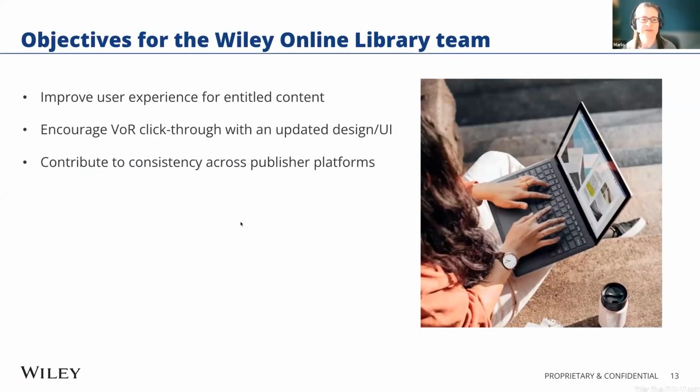So just a quick overview of our objectives for implementing GetFTR on Wiley Online Library. Very much aligns with the goals of GetFTR in general. So obviously we want to improve the user experience for entitled content.